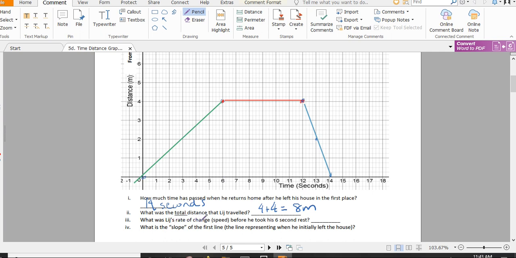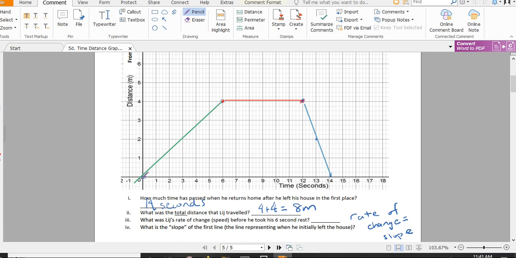What was Lige's rate of change or speed before he took his 6-second rest? Another word for rate of change is slope. Rate of change equals slope. Okay. So what was the rate of change? Well, let's see.